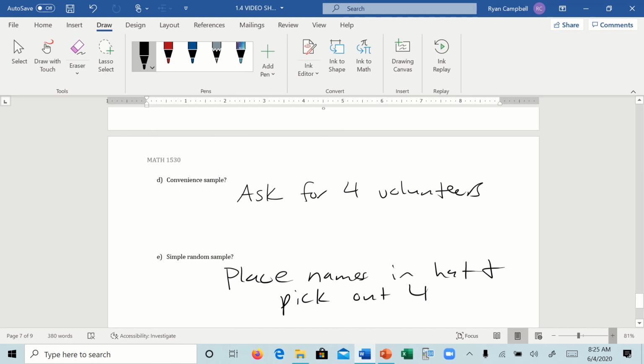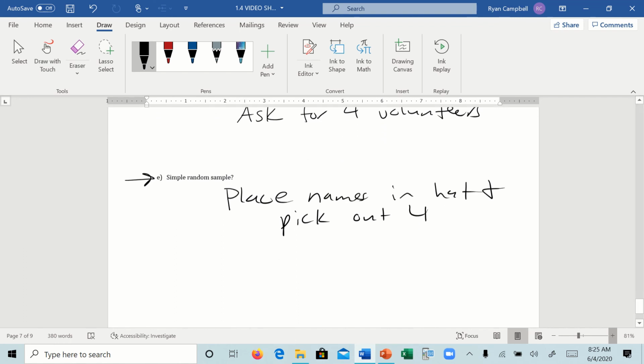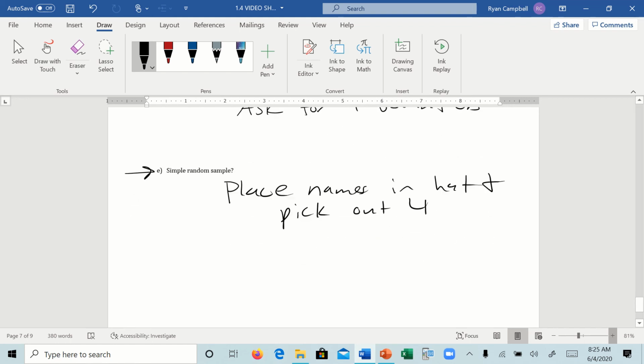Good. So also, side note, we talked in the last video about simple random samples, right? And we said that some of the definitions were pretty tricky. And so there was a simpler way of doing it, a shortcut way of doing it.